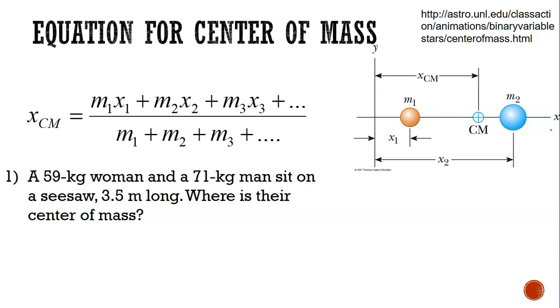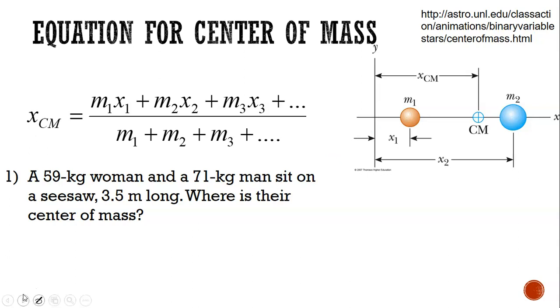So if you look at this diagram, the center of mass is closer to where the heavier mass is, which just makes sense. If you imagine going on a seesaw, the heavier person has to sit closer to where the seesaw is balanced.